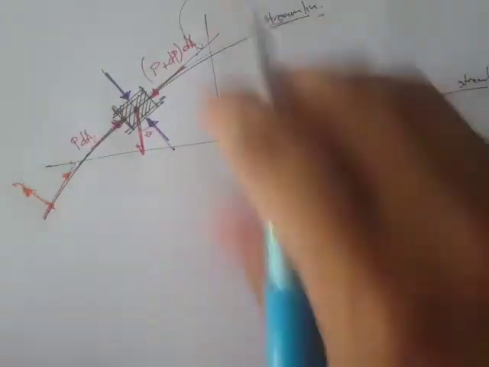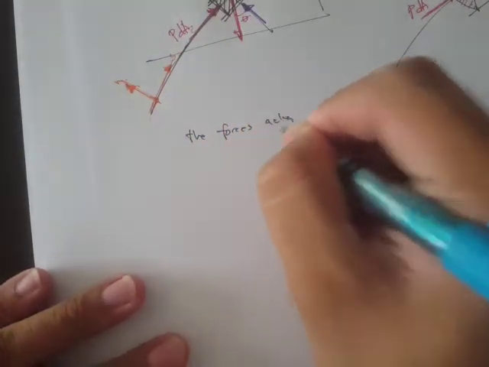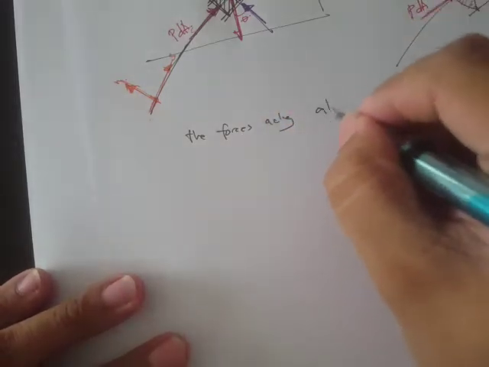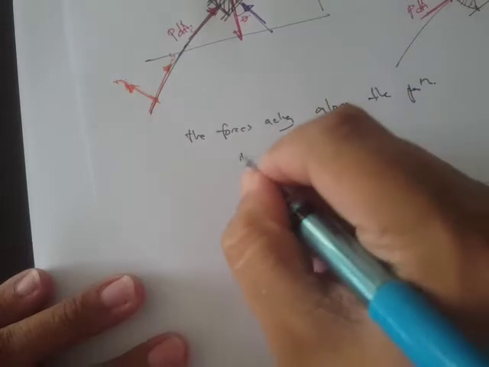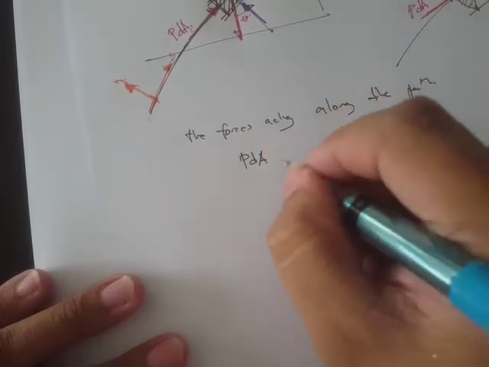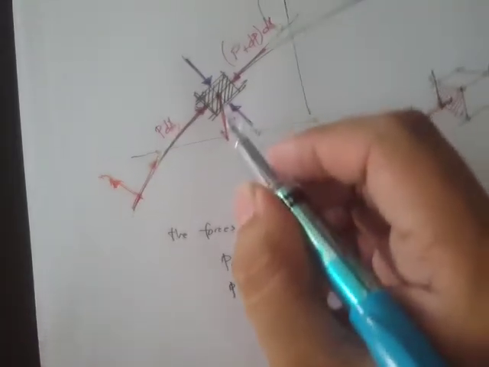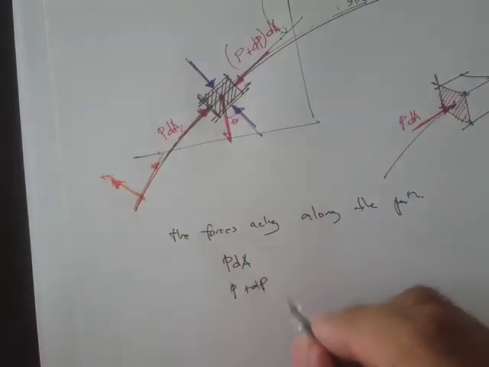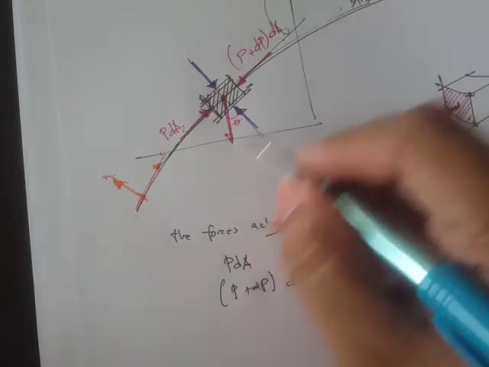Okay, so now let's write the forces acting along the path. Would be the P dA, and P plus dP times dA, plus this one.